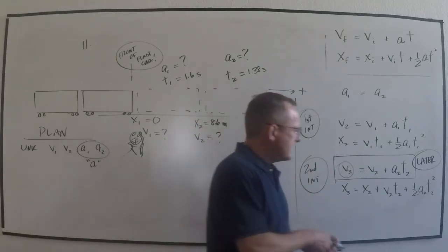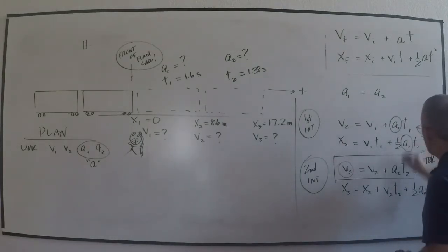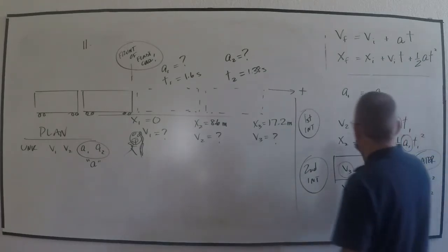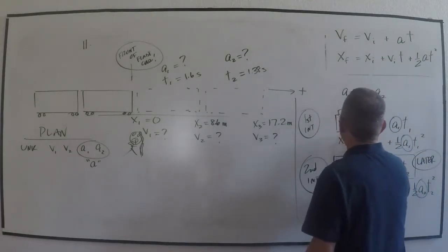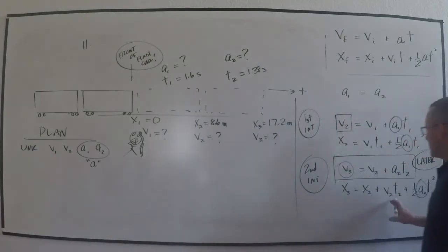So let's go ahead and find our unknowns in those equations. We have A, and then I hope the colors show up okay here. We have V2. Now, notice V2 is the final velocity for the first interval, but it's also the initial velocity for the second interval.